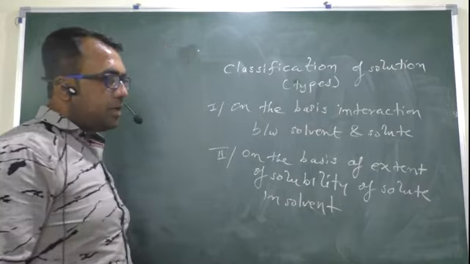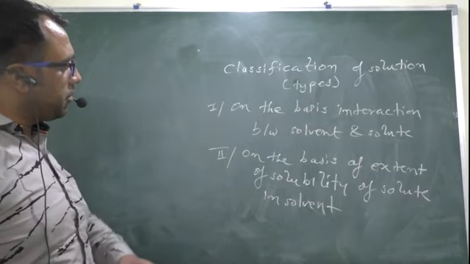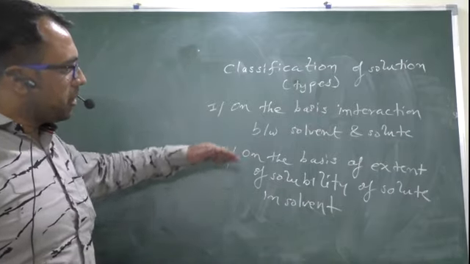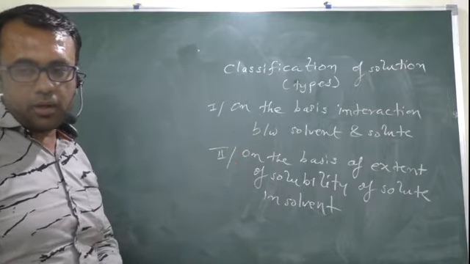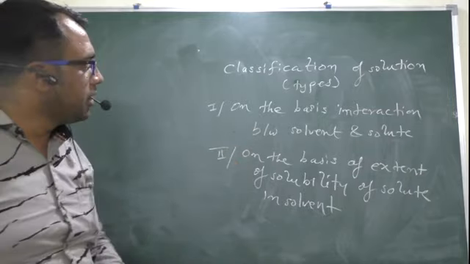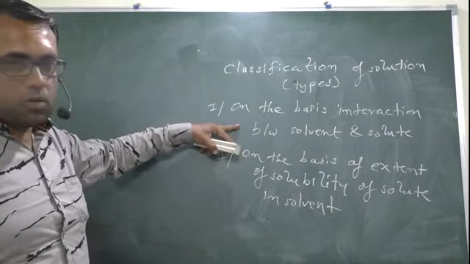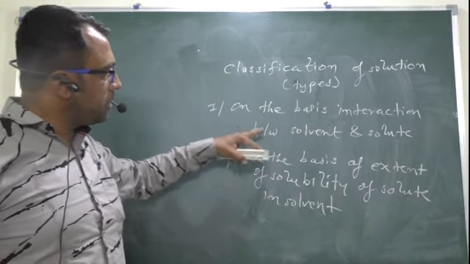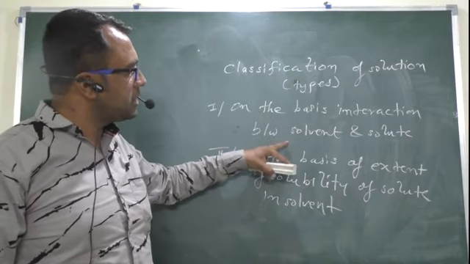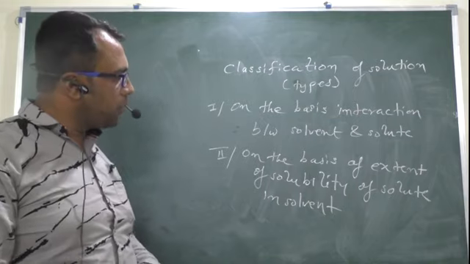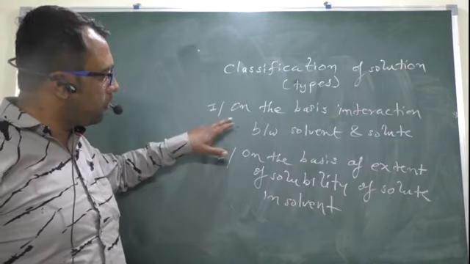My dear students, my dear friends, kindly remember these two bases because we are going to explain them. The first basis, as you could look on the board here, is on the basis of interaction between solvent and solute. So first we'll classify the solution on this basis.